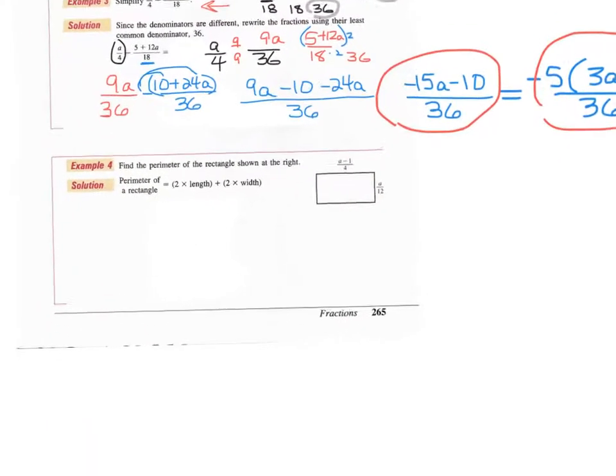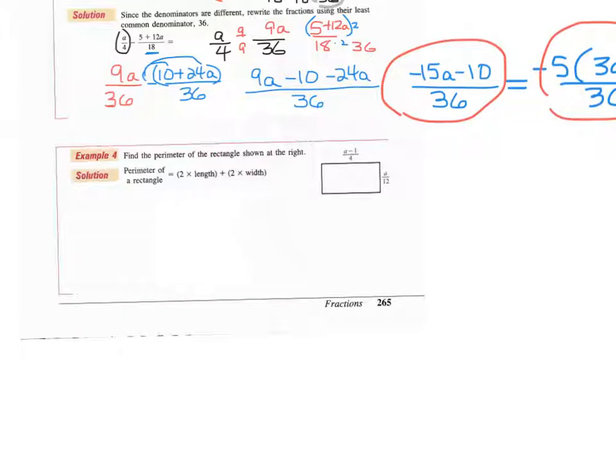Let's go ahead and try this tie into geometry. Now, for perimeter of a rectangle or any shaped perimeter, you're adding up all the sides. But in this particular case, they're going to tell us that in the case of a rectangle, this side and this side are the same.